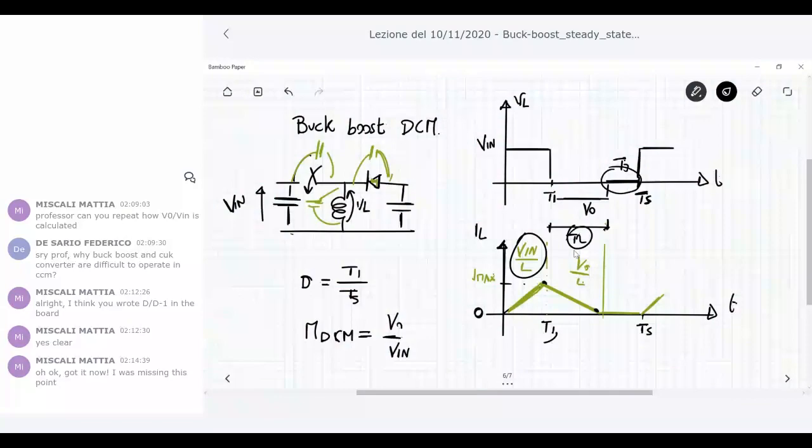This is not the same that happens in CCM. In CCM, at the end of the time interval T2, so at the end of the cycle, the current through the inductor is not null, because the current is always positive. But in this case, we can exploit this fact in order to derive the conversion ratio. During time interval T1, the charging phase, we computed the total energy stored across the inductance. Then during the time interval T2, this energy is totally provided to the output side, as the inductor discharges completely.